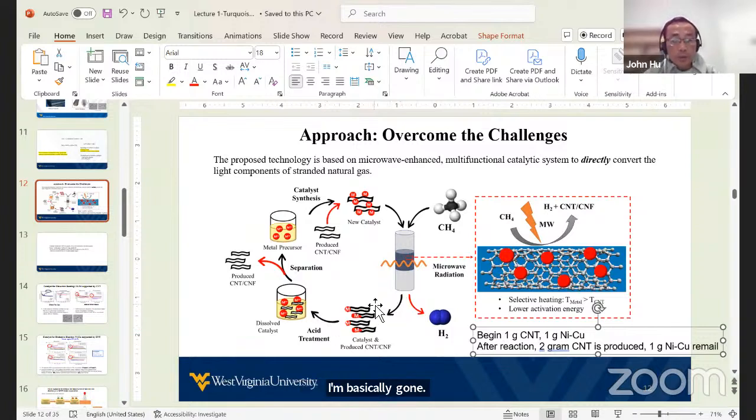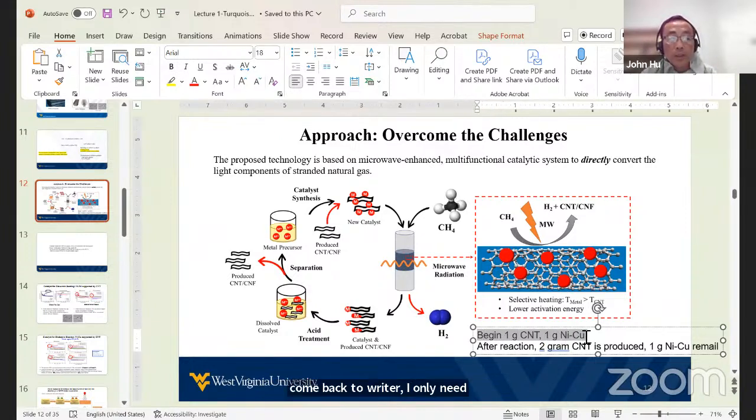So if you look at this mixture, this is actually totally 3 gram of CNT and 1 gram nickel copper. Keep in mind, coming back to the reactor, I only need 1 gram CNT and 1 gram nickel copper. All right. So that means 2 gram need to be gone.